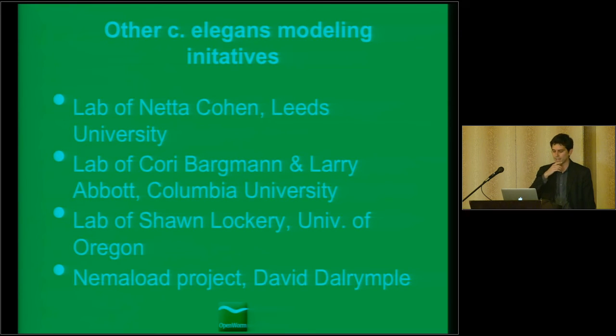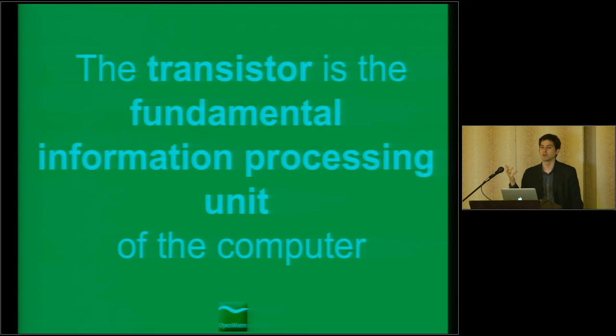So as we all know, the transistor is the fundamental information processing unit of the computer, right? But imagine that tomorrow we forgot everything that we knew about how to engineer computers, and suddenly a MacBook Air landed from the heavens, and we were trying to figure out what it was. We started unpacking it, and we found a hard drive, a monitor, a keyboard, and all these things.